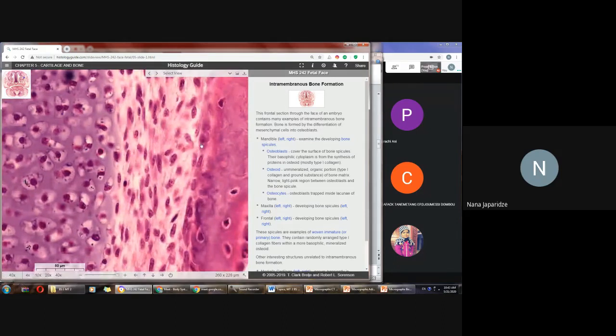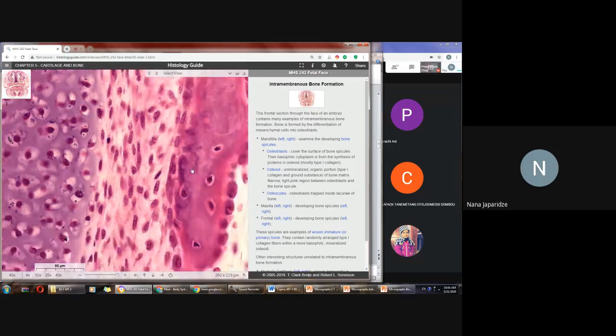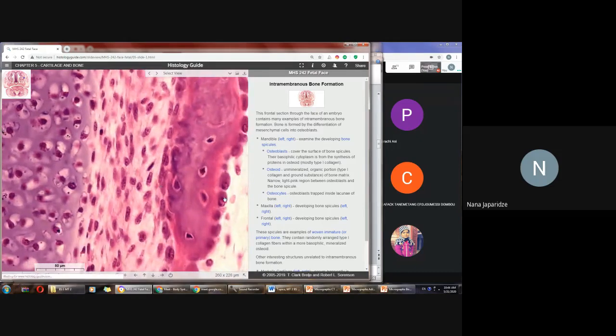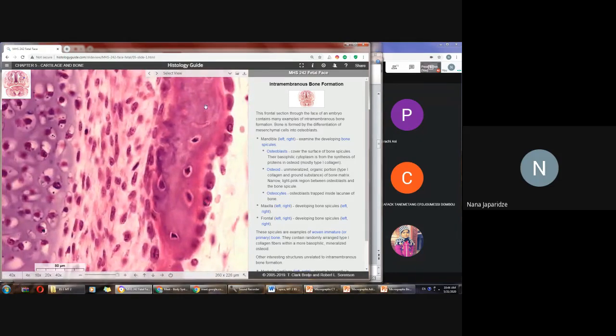Look, osteoblast cells, and osteoblast cells produce the osteoid from this side too. Look, osteoblasts, osteoid, osteoid, osteoid.